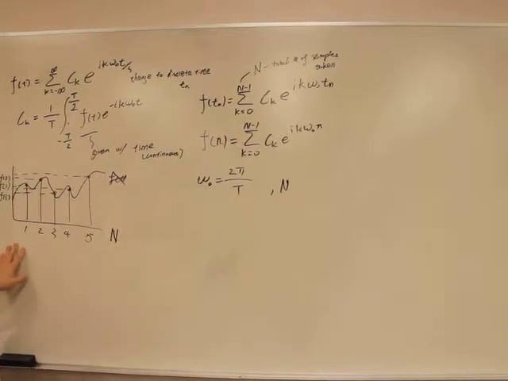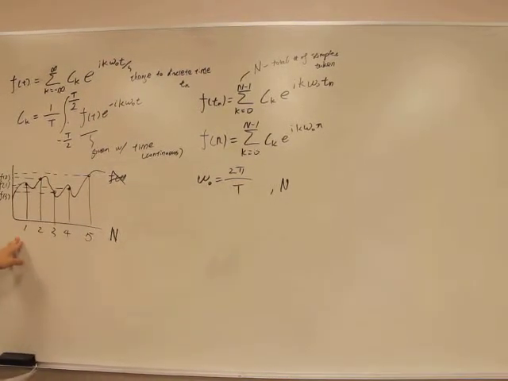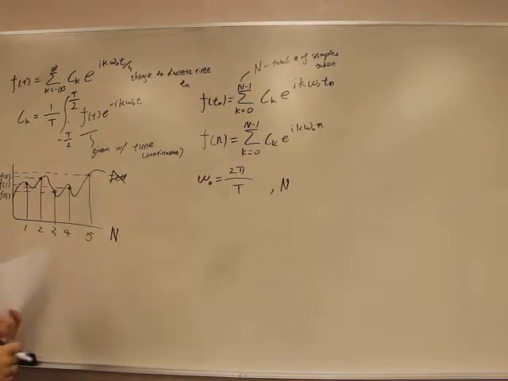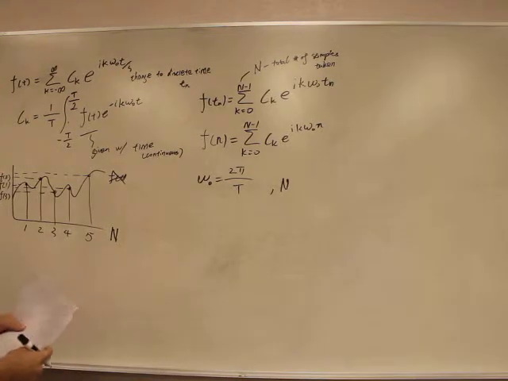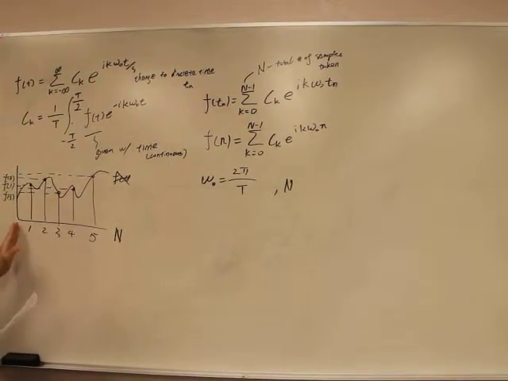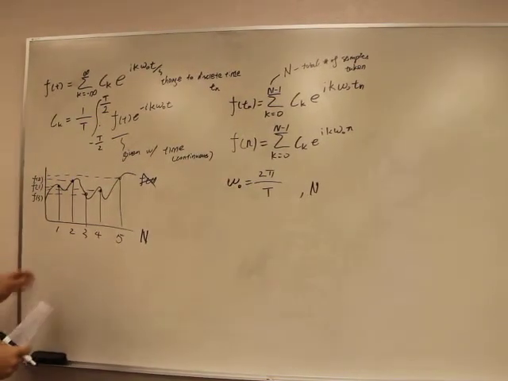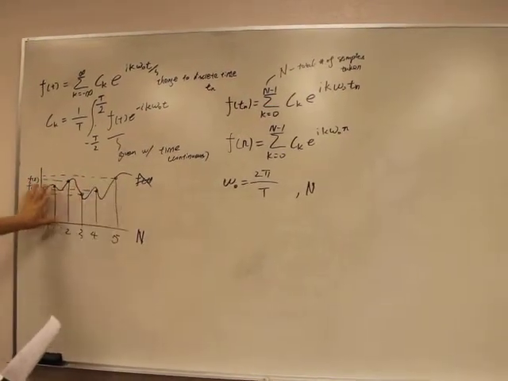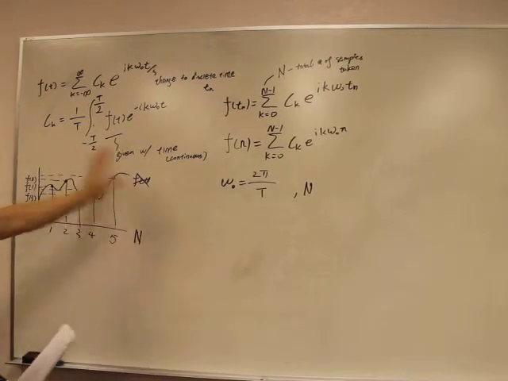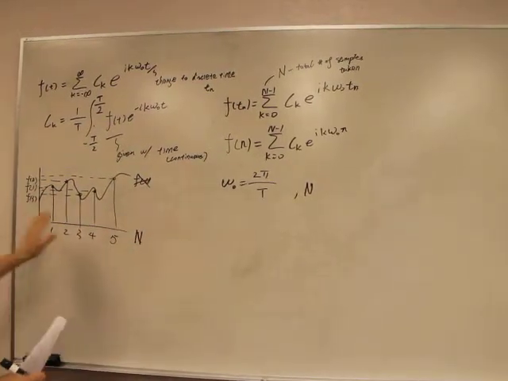When you look at this, it's not very periodic in this sense, but if we look at it as a whole from 1 to 5, we can treat it as a period. And we can imagine this part of the discrete graph repeating itself from negative infinity to infinity.